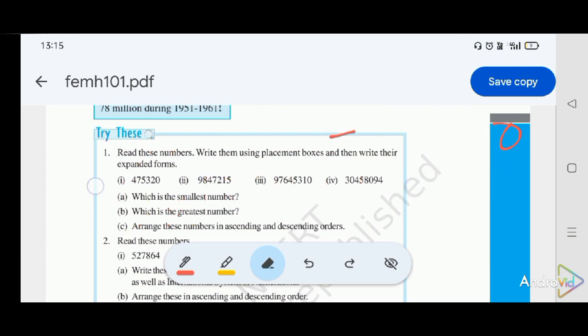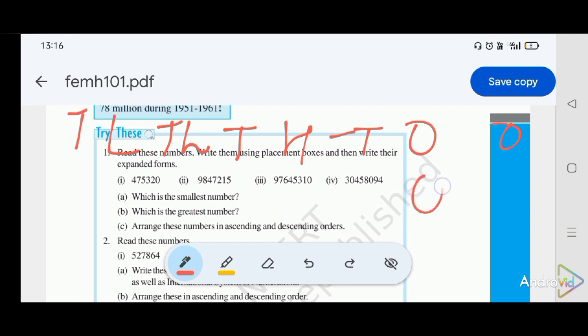Here they have not asked to write the number name. We have to just write them using the placement boxes. So we can write ones, tens, hundreds, thousand, 10,000, lakh, 10 lakh.